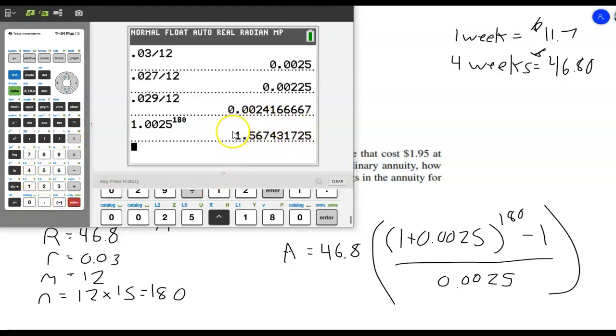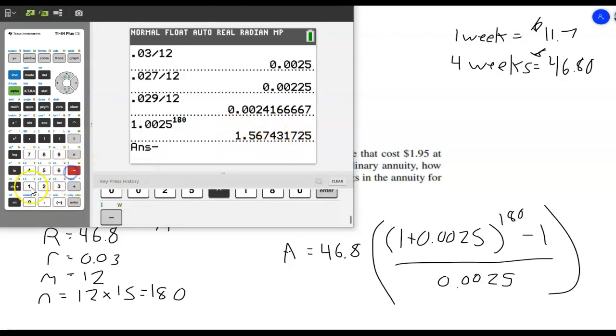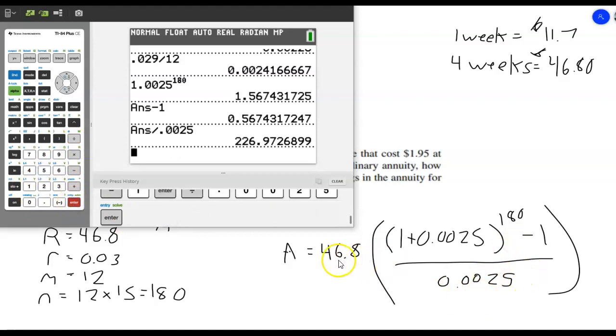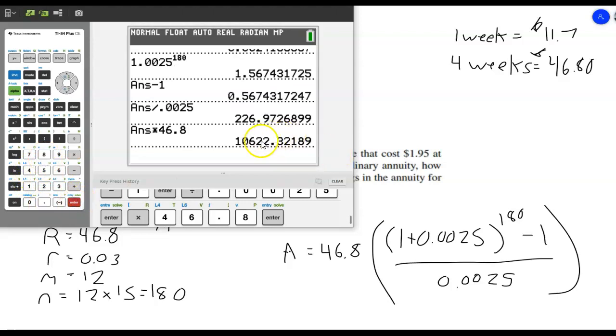We get this value here, and then we're going to subtract 1, and then divide by 0.0025. And then finally, we're going to multiply that by 46.8. And we're going to get $10,622.32. Let me just double check on that.